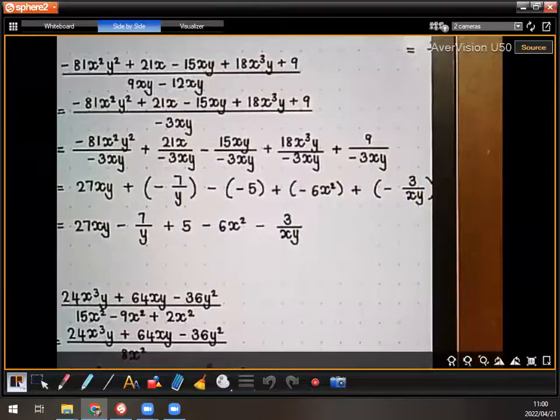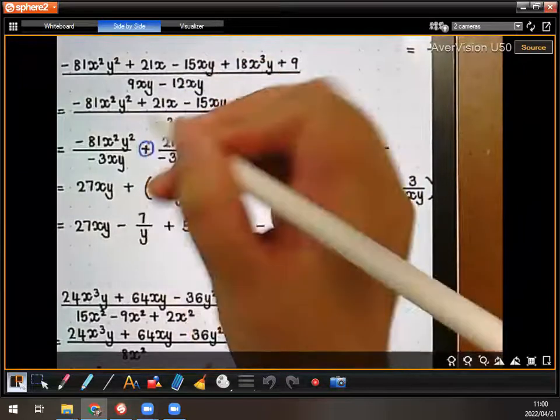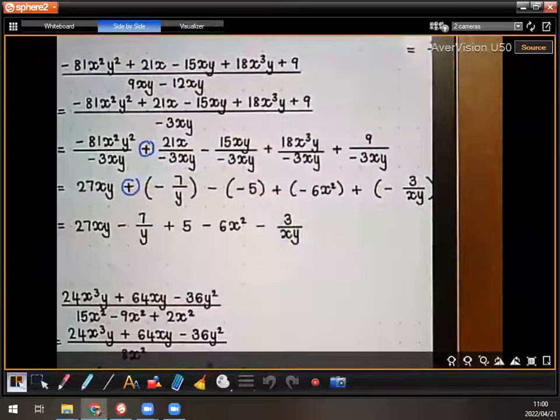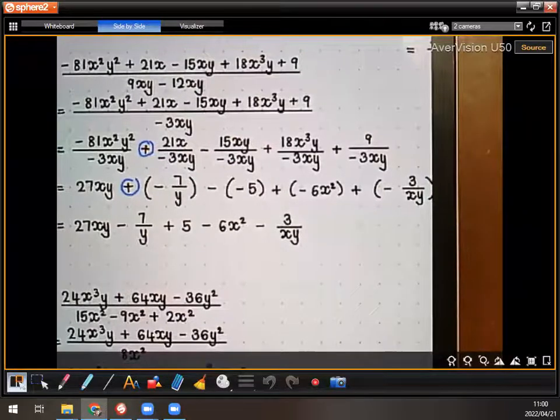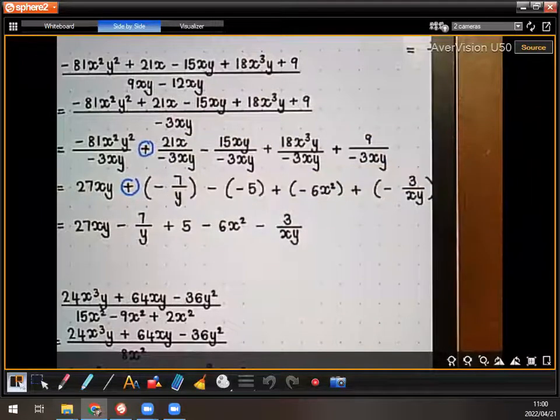Any questions on that first fraction? Simplifying that one. Now, guys, there's a plus in front of the next fraction, so the plus must go in front of the answer. We're simplifying that fraction. But when we simplify the fraction, we're going to get a negative answer. That's why I'm putting it in brackets, so that I don't have two signs next to each other.